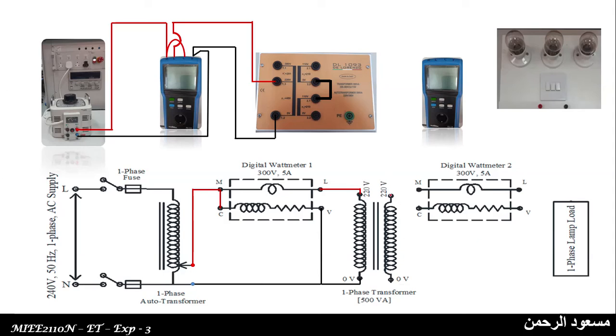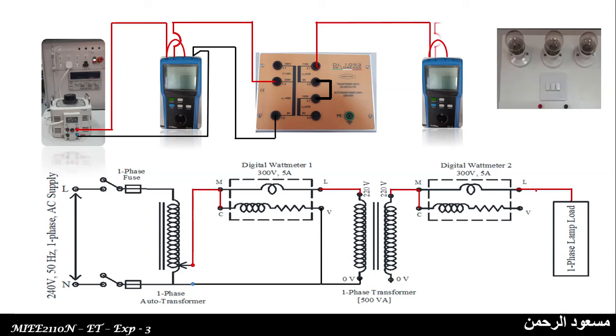The secondary side 220 volt point is taken and given to the M point of wattmeter 2. This is the 220 volt point, as these 2 coils are already connected in series. So the M point of the second wattmeter is connected to the 220 volt point of the secondary side coil, and M and C are short circuited in the second wattmeter.